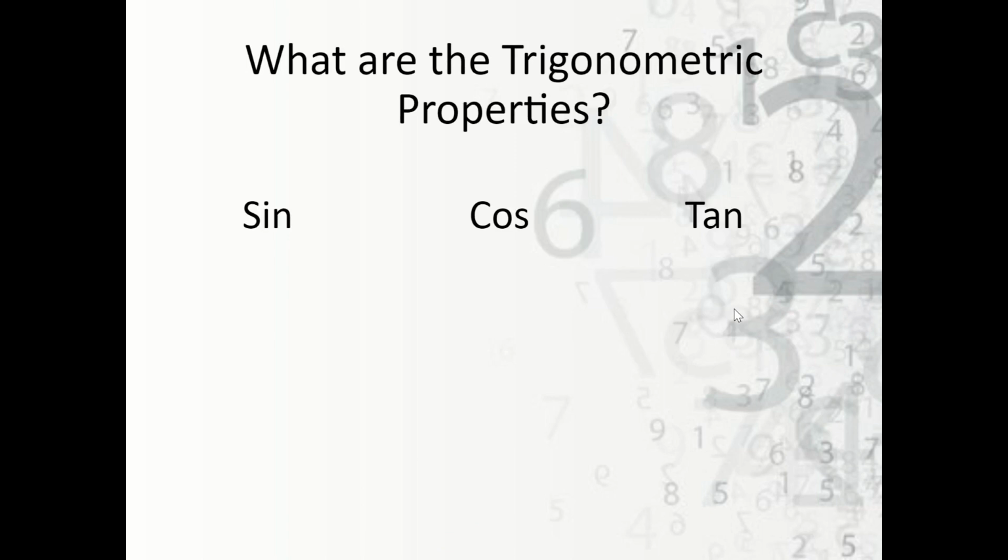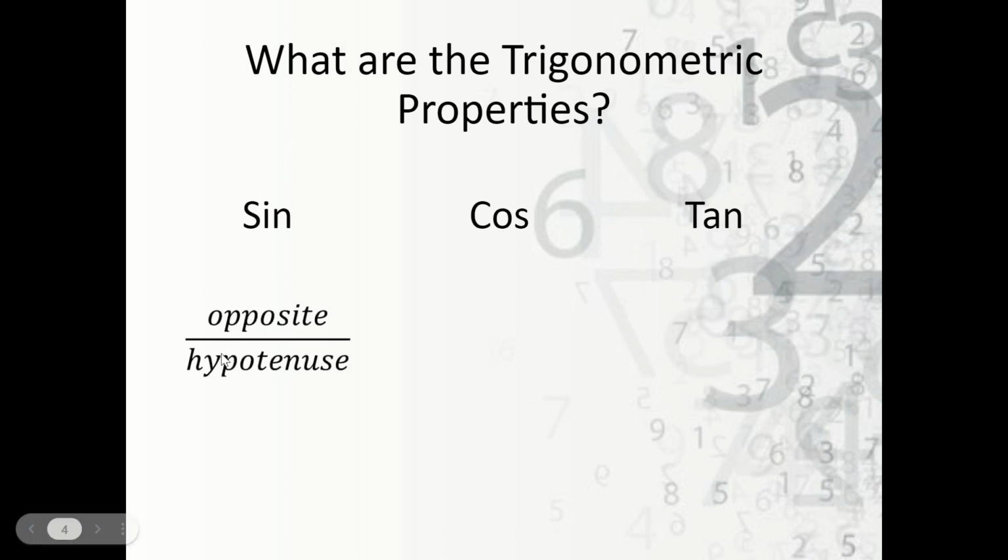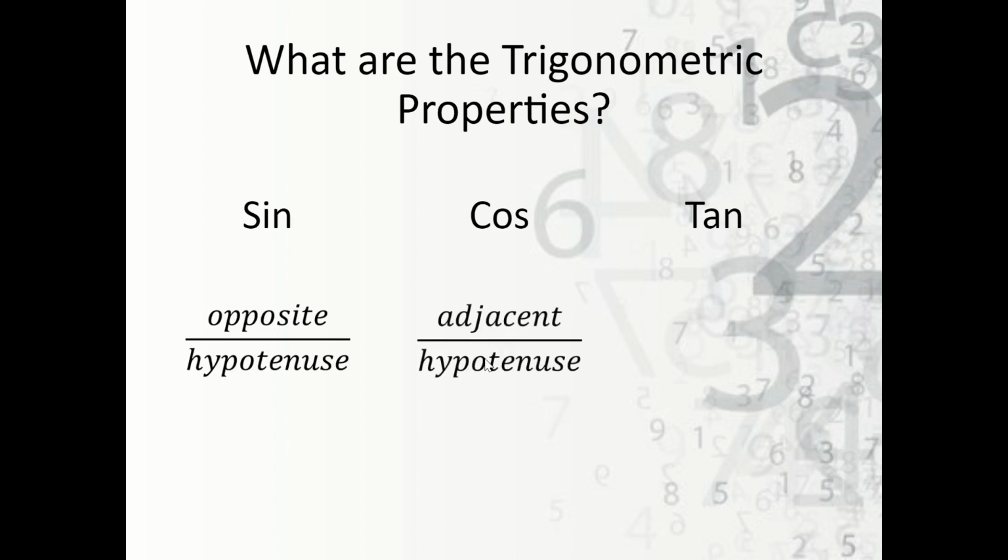Now, what are the trigonometric properties? The first one we call sine, and sine is the opposite side over the hypotenuse. So it's a ratio of the side lengths with the opposite side on top and the hypotenuse length on bottom. Cosine is adjacent over hypotenuse, so we take the length of the near side over the length of the hypotenuse.